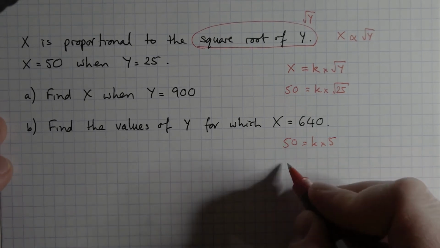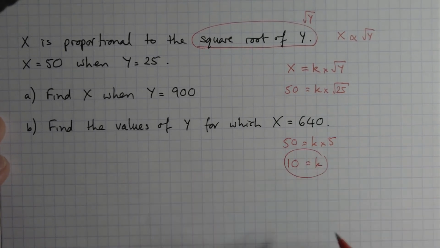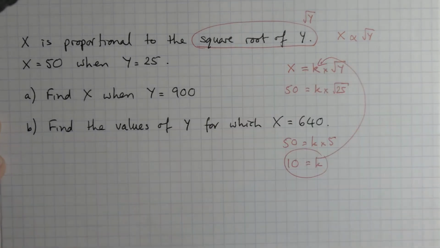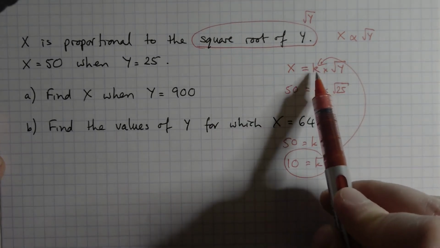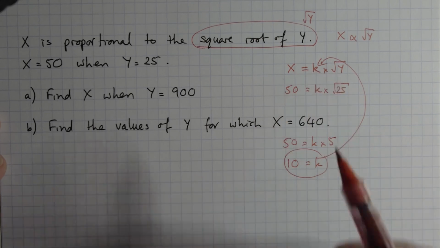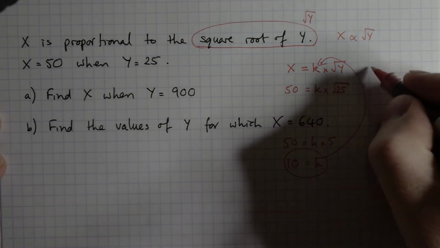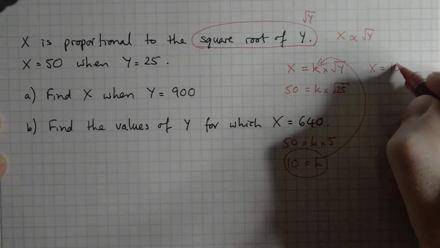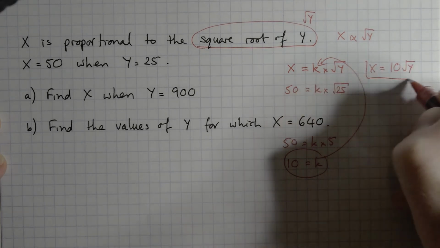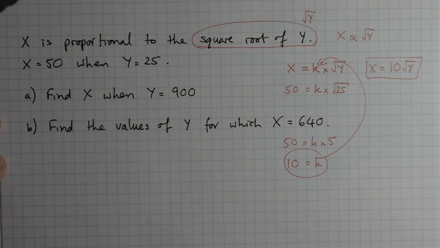Divide both sides by 5. 10 is your K. So I can put that back into here. Originally I was saying that X is some mystery number times the square root of Y, but actually I know that X equals 10 times the square root of Y. That is actually the formula I need to use for the rest of the question.